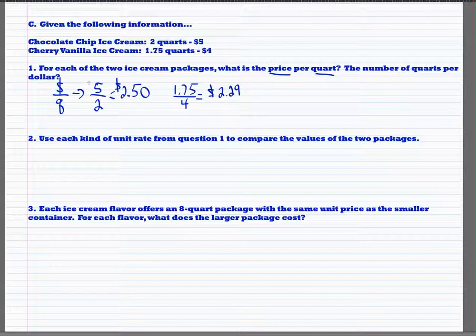All right, so based on dollars per quart, the chocolate chip was $2.50 and the cherry vanilla was $2.29.